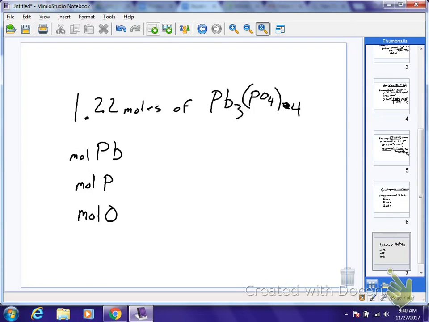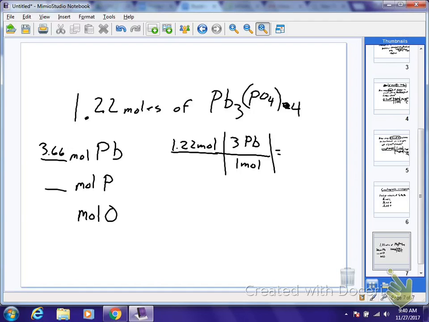So the first one's the easiest one. How many do I have? 3.66. Okay, I take 1.22 moles of that whole compound, and then for every 1 mole of that compound, I usually write it out. I'm not going to. I have 3 leads. It's a ratio. So it'd be what? 3.66, right? Okay. How many do I have of phosphorus?